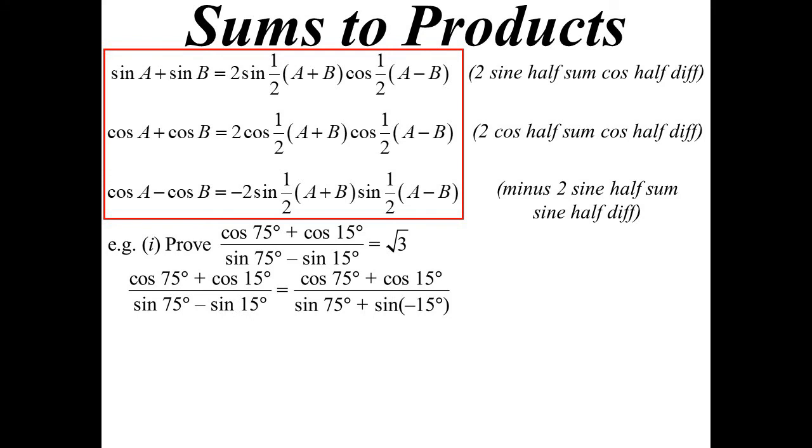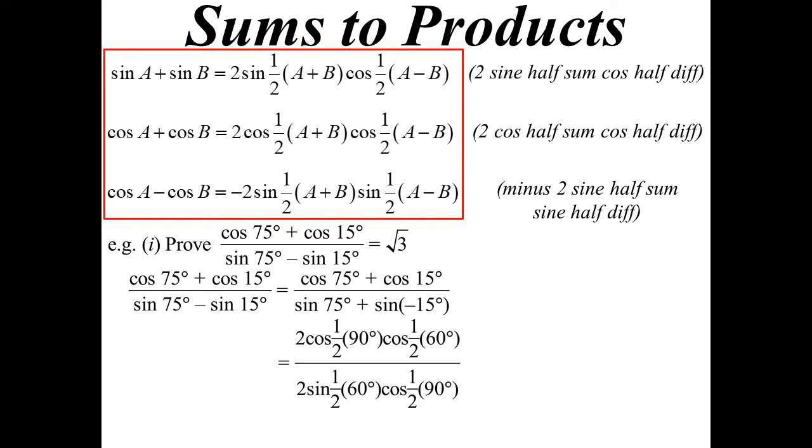So cos plus cos, twice cos half sum, cos half diff, over 2 sine half sum, cos half diff. We end up with the cosine of 30 over the sine of 30. Because notice the cos half 90s are going to cancel. And the 2's cancel as well, by the way. So that would be the cotan of 30, which is the square root of 3.